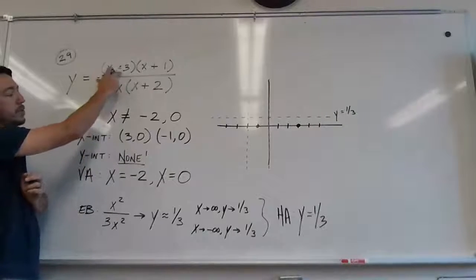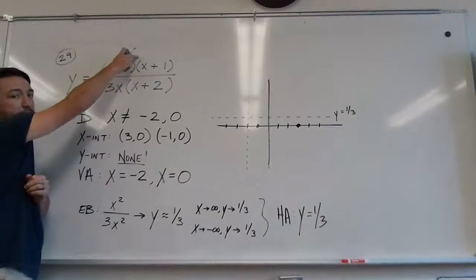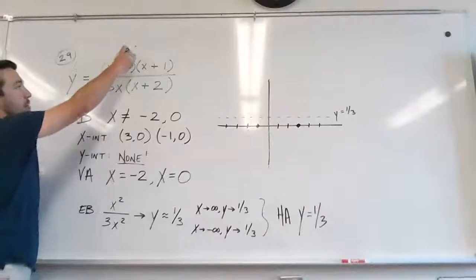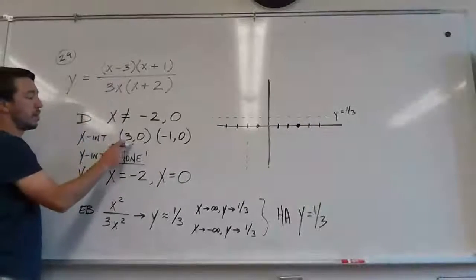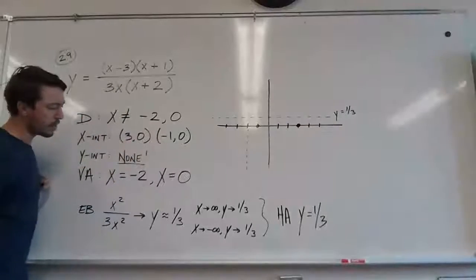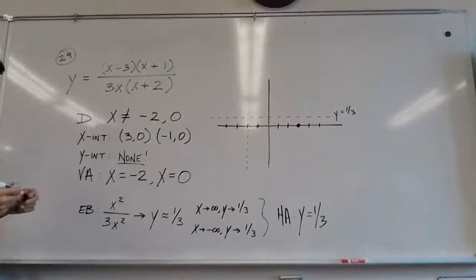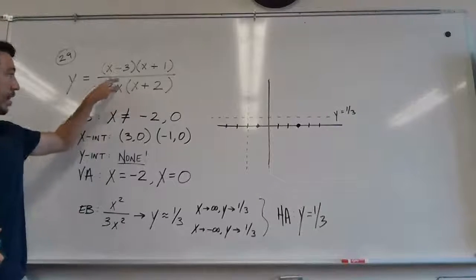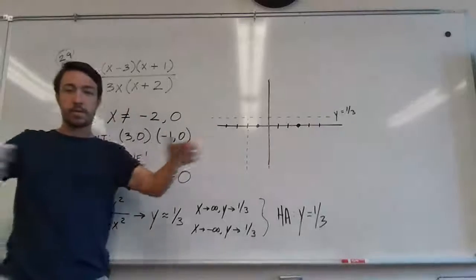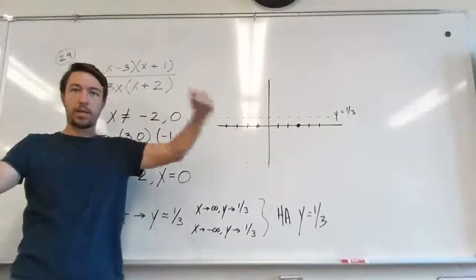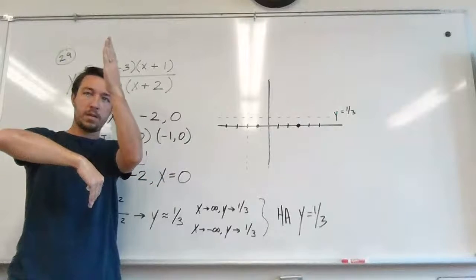No. The term that produced this intercept is not squared or 4th powered or 6th powered or something. It's a 1 power, so it's going to pass through at 3. It's going to pass through at -1. Same with the asymptotes. The terms that generated the asymptotes are not squared, so they're going to go the opposite direction.